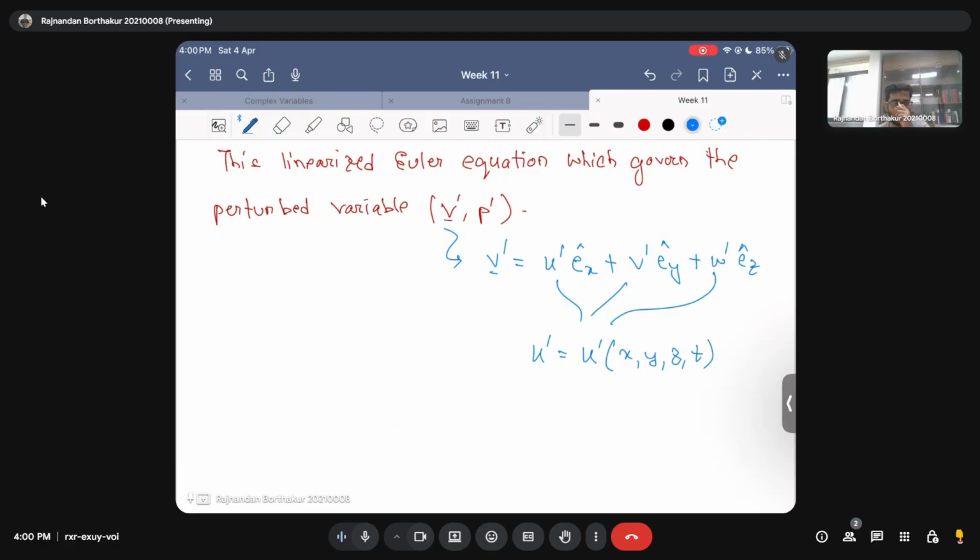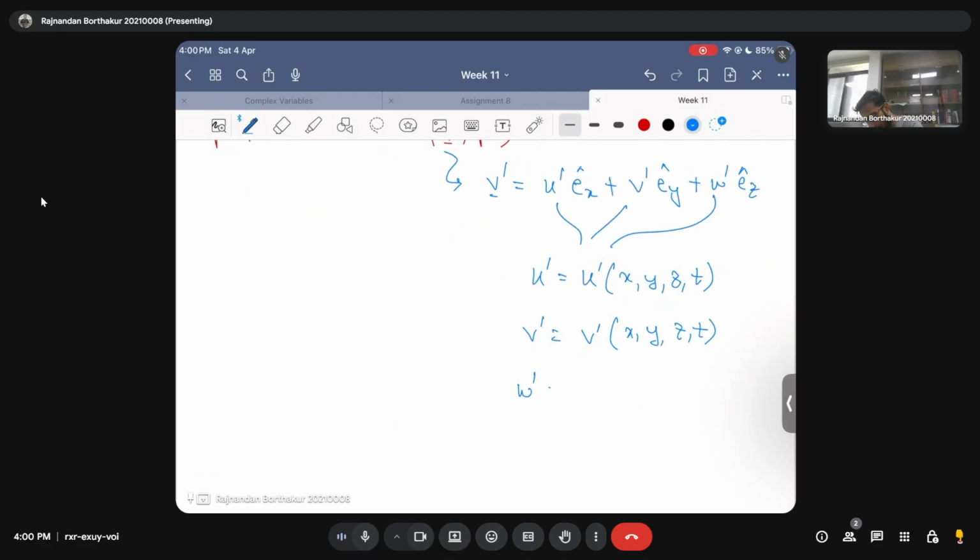This is something that we're actually trying to solve for, which means we cannot assume anything on the perturbations. The only thing that we know is of the base variables. Similarly, v prime is also going to be a function of x, y, z and t, and w prime is also going to be a function of x, y, z and t.